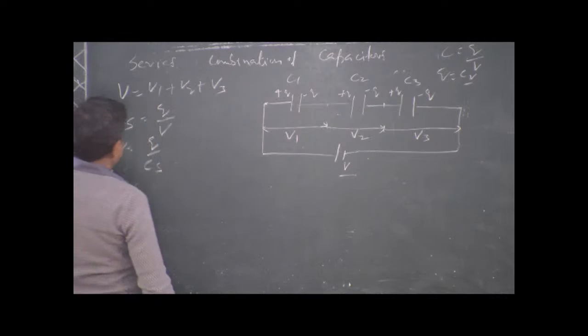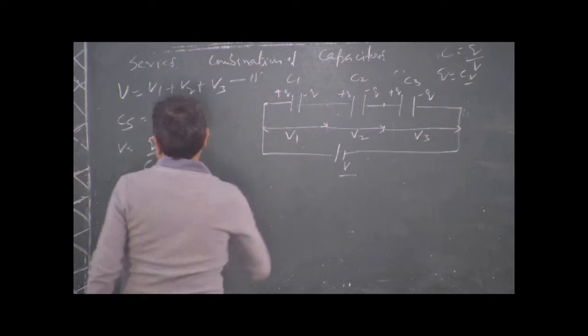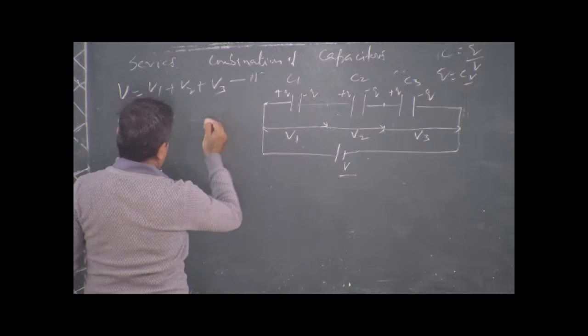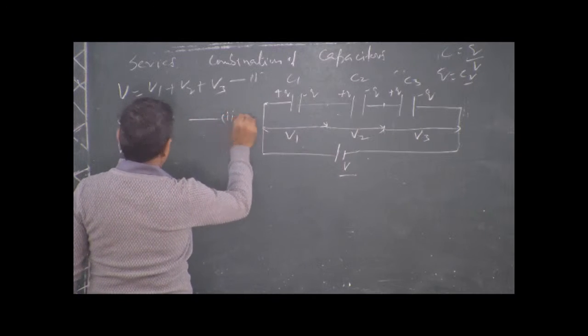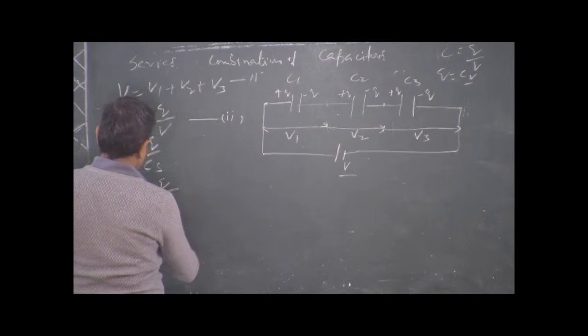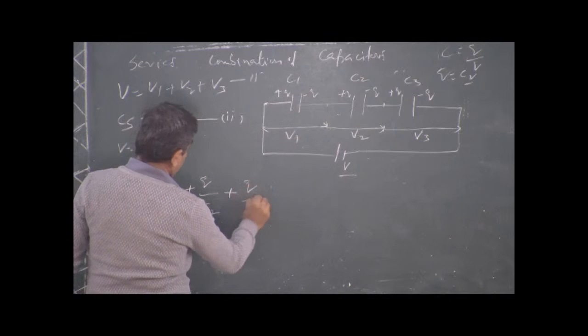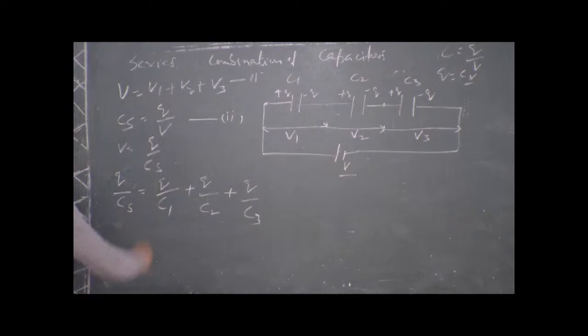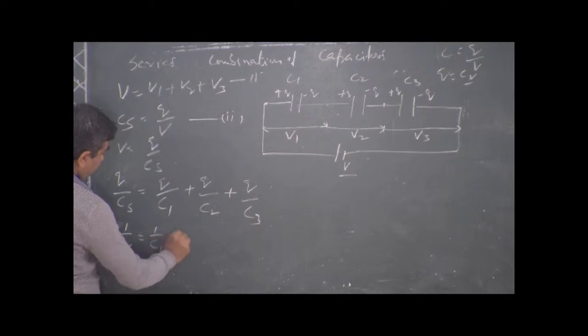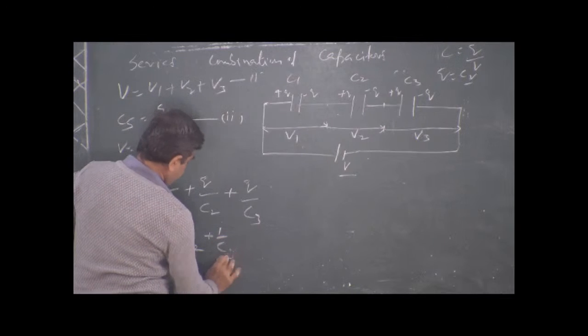So putting the value of this in this equation, say this is equation number 1, and let this be 2 for remembering purpose, Q upon Cs will be equal to Q upon C1 plus Q upon C2 plus Q upon C3, or 1 upon Cs will be equal to 1 upon C1 plus 1 upon C2 plus 1 upon C3.